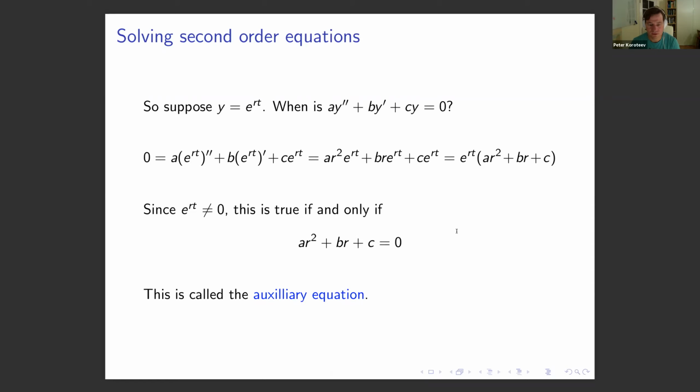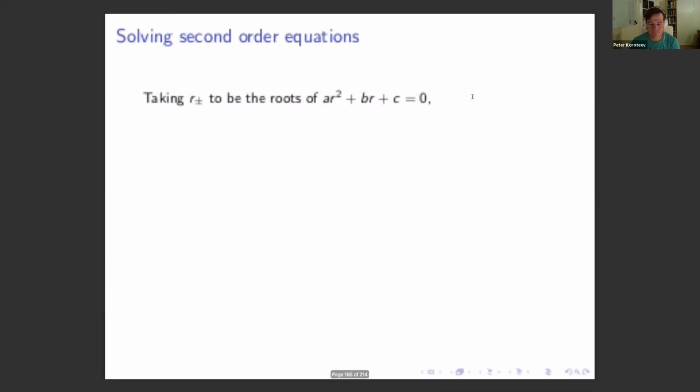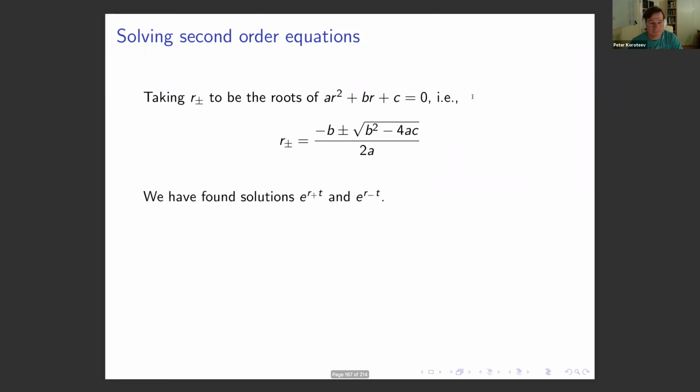This is called the auxiliary equation of this differential equation. It's a polynomial equation which is auxiliary to the differential equation. We know that a quadratic equation in general has 2 solutions, and this is the infamous formula from middle school.